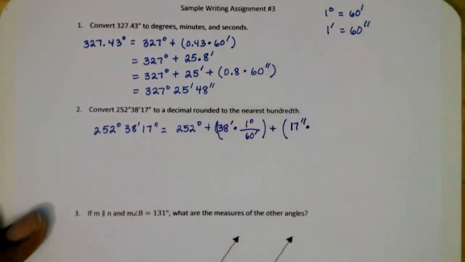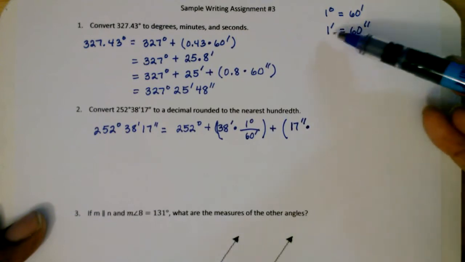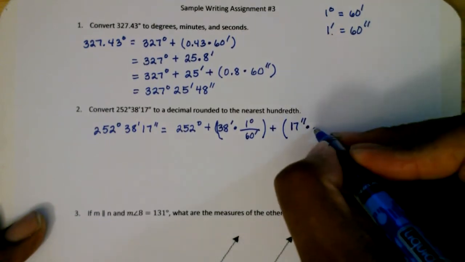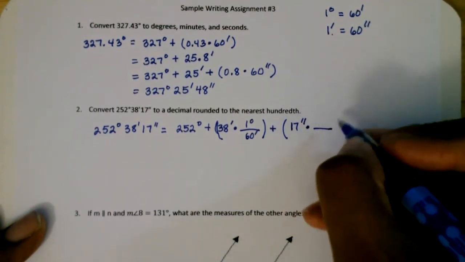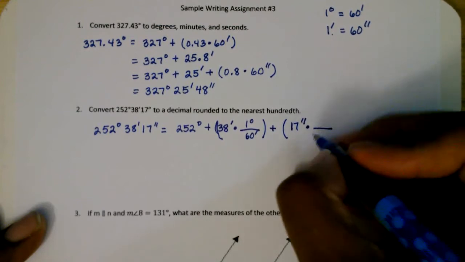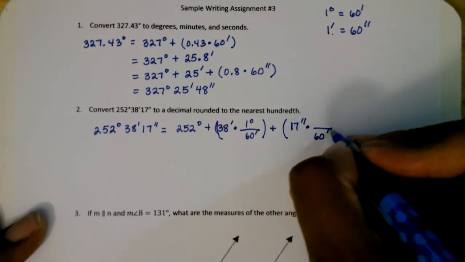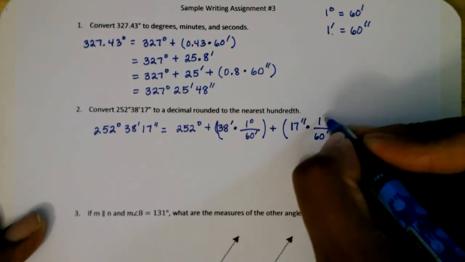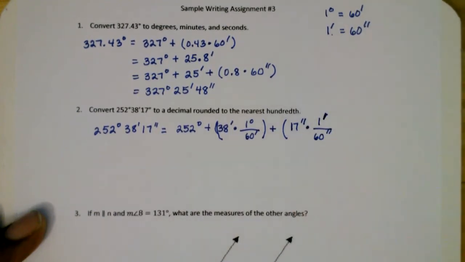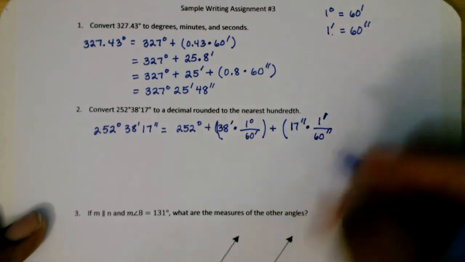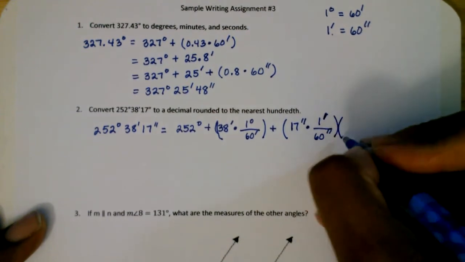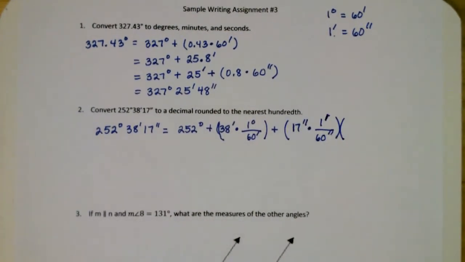I know 60 seconds makes up 1 minute. So I want to convert from seconds, which has to go in the denominator, the 60 has to go in the denominator, to 1 minute. The 1 minute goes on top. But I'm not done yet because I need to convert all of that as a decimal value in degrees.